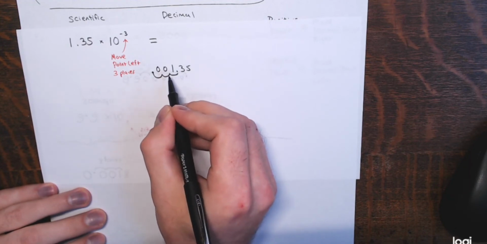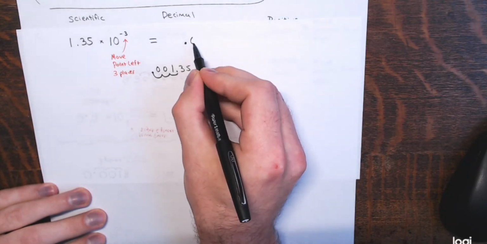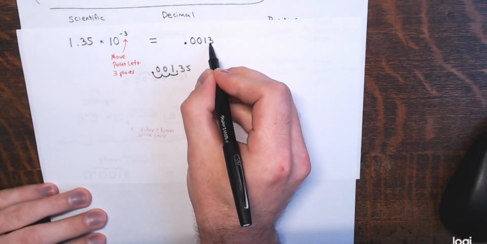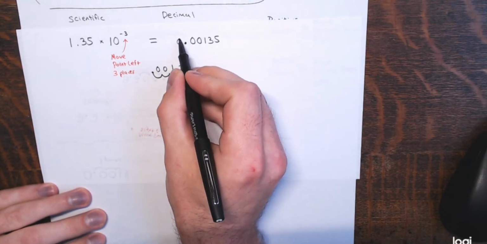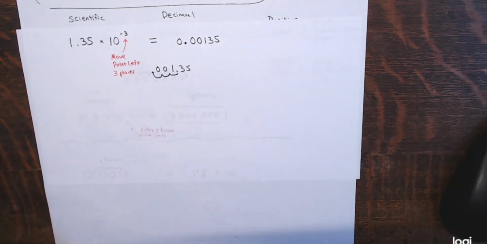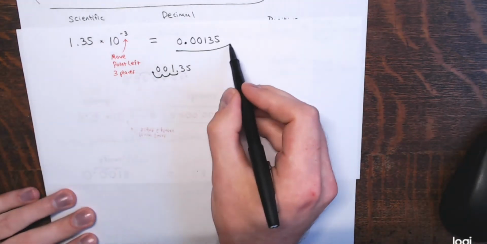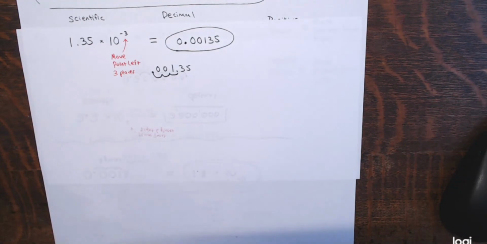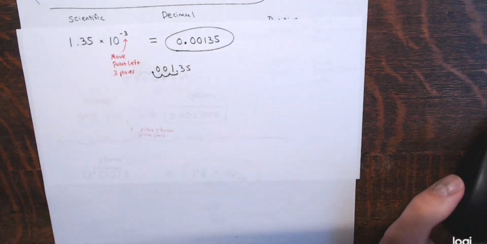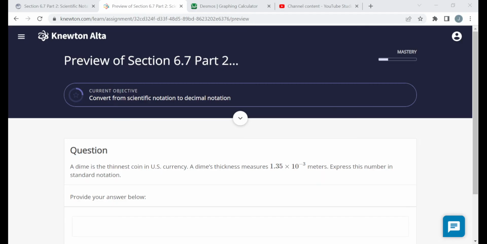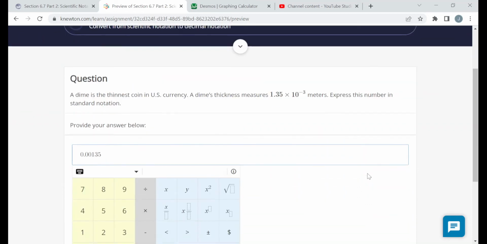This is going to be 0.00135. And then of course they usually pop a 0 in front of that if there's no whole number before a decimal point. And this is what they want. The same equivalent number in a different form. Decimal form, standard form, whatever you want to call it. 0.00135, right? 135 hundred thousandths.